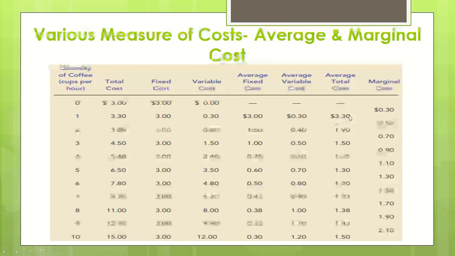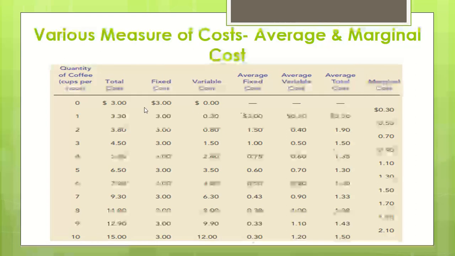Now coming to the marginal cost, that is $0.30, which comes by the formula: marginal cost is equal to delta TC divided by delta Q. That means change in total cost divided by change in quantity.